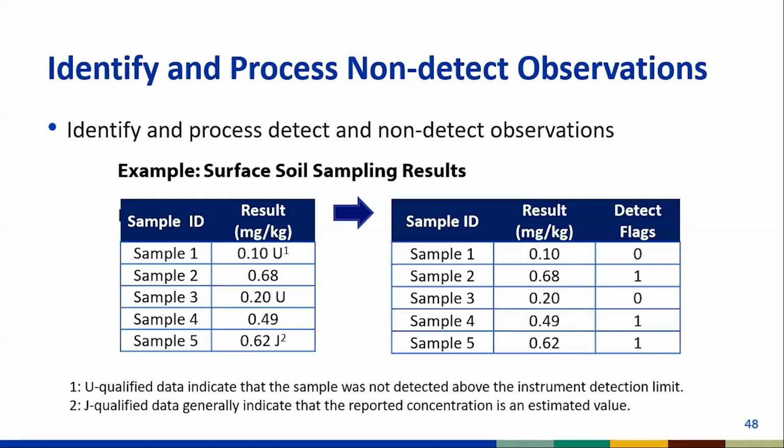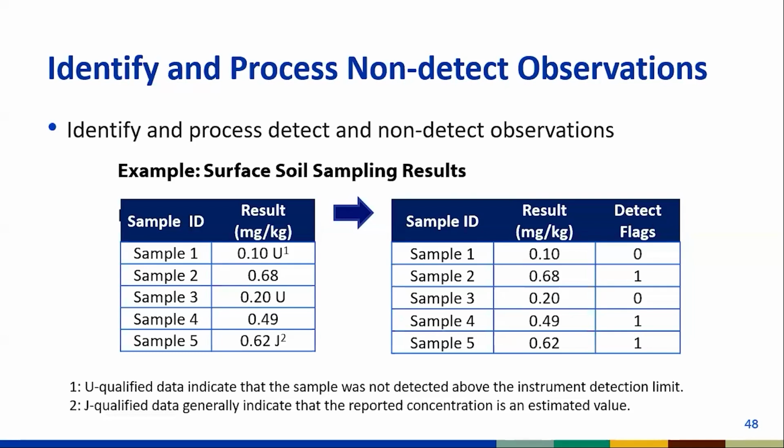To calculate 95 UCLs using any of the tools mentioned in this webinar, health assessors must create a new column and populate it with zeros and ones to indicate whether each result is a detected value or not. The table on the right illustrates how that would be done. The first column lists the sample IDs.